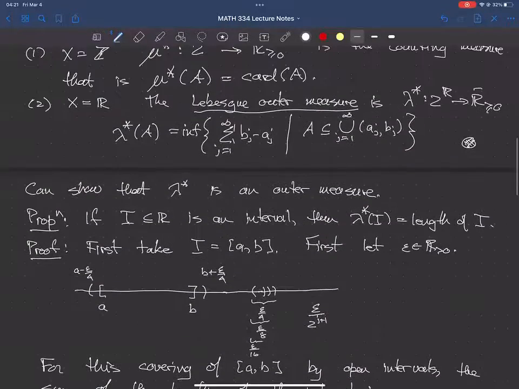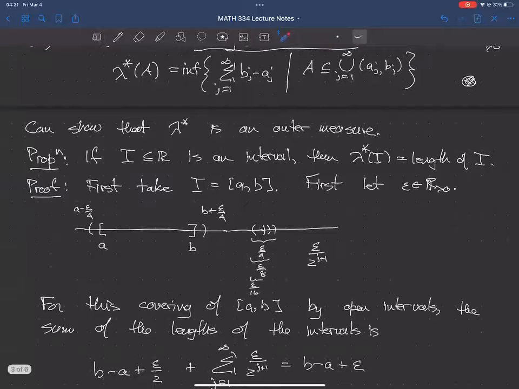Well, there it is. If I'm going to show that something has 0 measure, I need to show that this infimum is 0. That means for any epsilon, I need to find an open covering of that set by a countable collection of open intervals, the sum of whose lengths is less than epsilon.